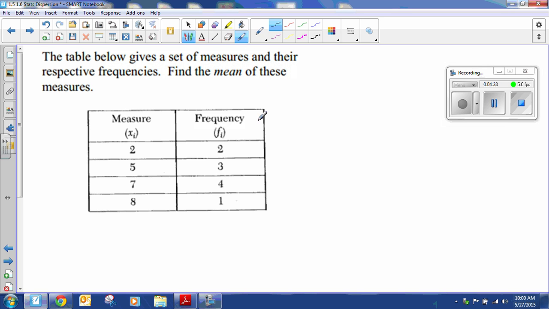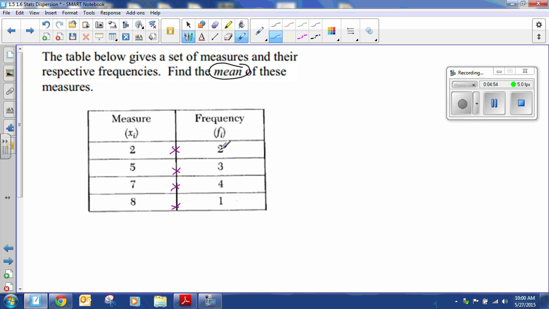Well, the old-fashioned way to do this, I know you guys can do this on a calculator. I may have showed you how to type these into list 1, list 2, and then use statistics to find out what the mean is, the average. The old-fashioned way to do it would just be to multiply the measure times the frequency, right?